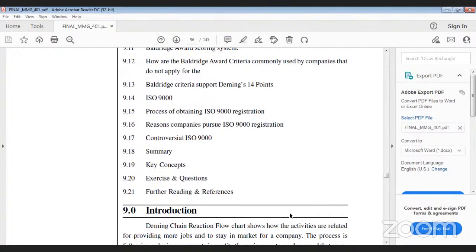So here in this unit you will find that the Deming chain reaction flow chart shows how the activities are related, from providing more jobs and a greater economy.